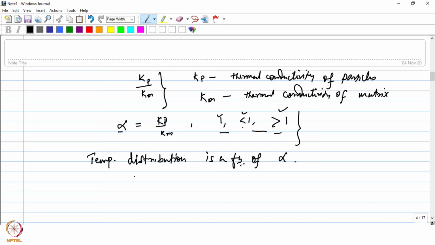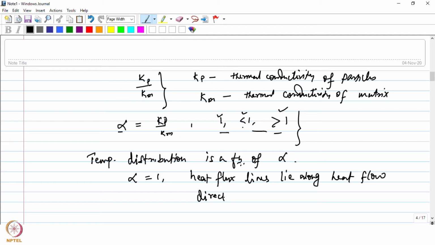And for alpha equal to 1, the heat flux lines lie along the heat flow direction, which is basically the Z direction.